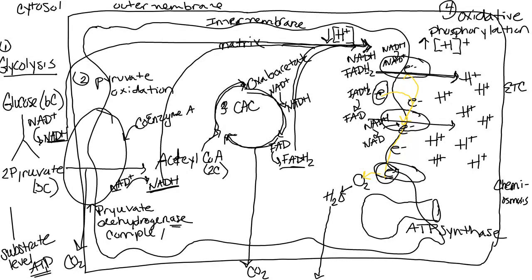Remember, we want to create that electrochemical gradient, that membrane potential. So you've got all these hydrogens in the inner membrane space. That creates the dynamic for chemiosmosis. The hydrogens via chemiosmosis are going to flow through ATP synthase, which is going to take ADP plus the free inorganic phosphate and create ATP, right?